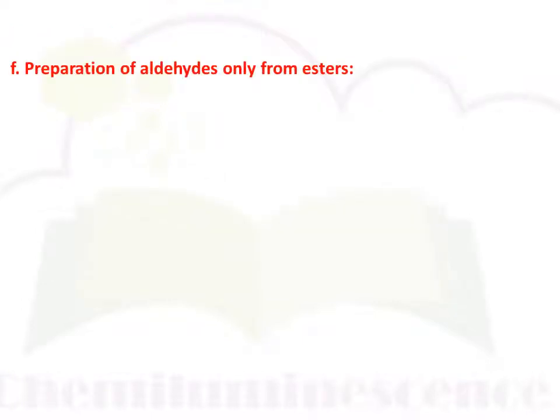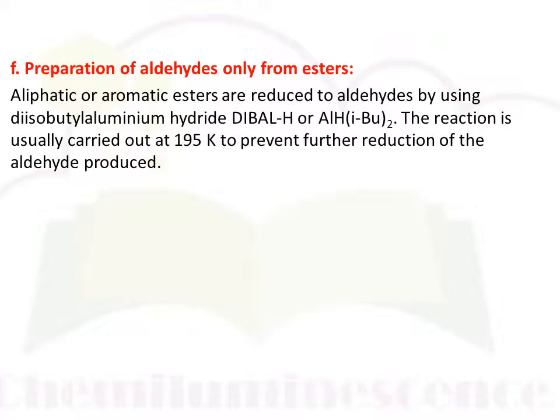Next is preparation of aldehydes only from ester. Aliphatic or aromatic esters are reduced to aldehydes by using diisobutyl aluminum hydride, that is DIBAL. The reaction is carried out at 195 Kelvin to prevent further reduction of the aldehyde produced.